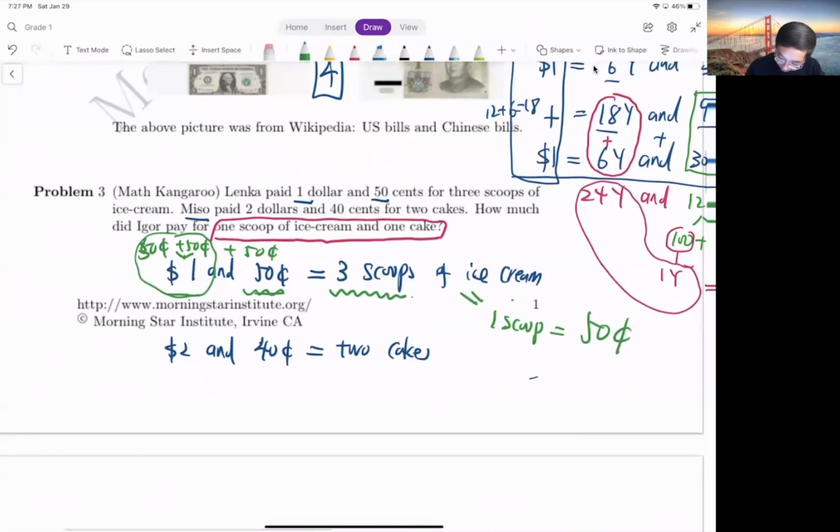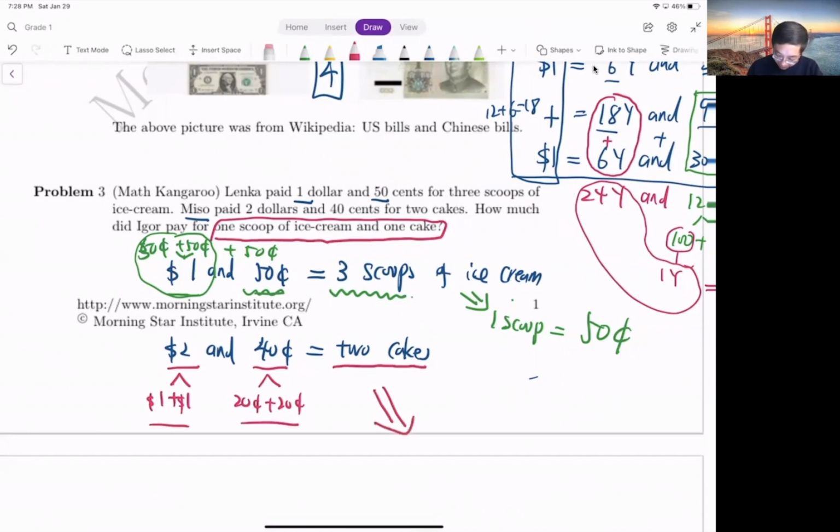Okay, now let's look at, how about 2 cakes? It's $2.40. Let's split this evenly, okay? So $2, I can say it's $1 plus $1, right? And 40 cents, it's 20 cents plus 20 cents. Okay, so from here, both are 2 parts.